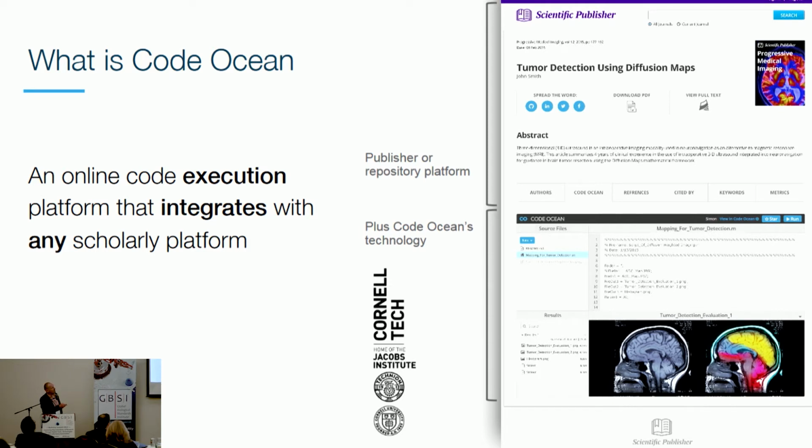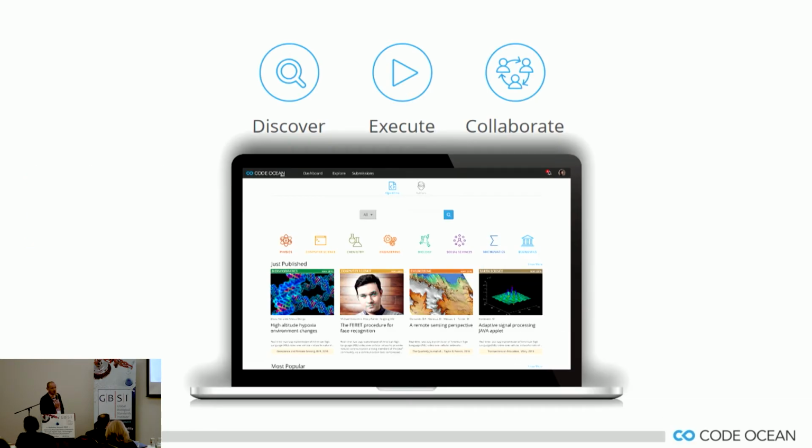You have the name, the authors, the abstract, and then we built this technology, which is a widget that you can add, and in the same place that you read the article, you'll be able to run the code. You can access the code and download the code. It's all open access. On the Code Ocean platform, you can discover, execute, and collaborate as well, just like Google Docs.